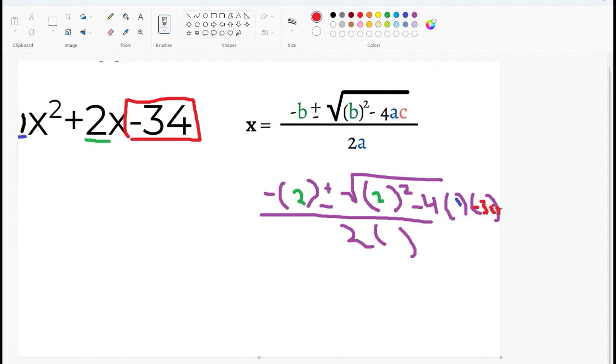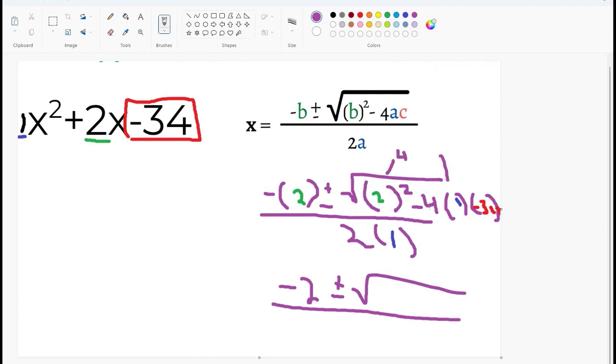I apologize if that's kind of hard to read. I didn't leave enough space for that. Anyways, then 2 times a, and a is 1. Easy as that. And then we just have to simplify it. So let me do this over here on the bottom. Negative 1 times 2 is just negative 2, plus or minus the square root of, so this part would be 4, because 2 squared is 4.